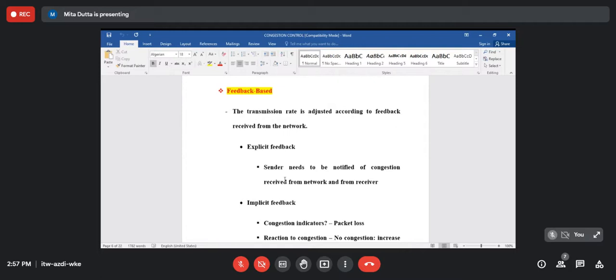Since in front of the router we have a receiver, and at the back of the router we have a sender, the signal sent by the router to the receiver is known as FECN, forward explicit congestion control, and the signal sent by the router to the sender is known as backward explicit congestion control. And this is explicit feedback.